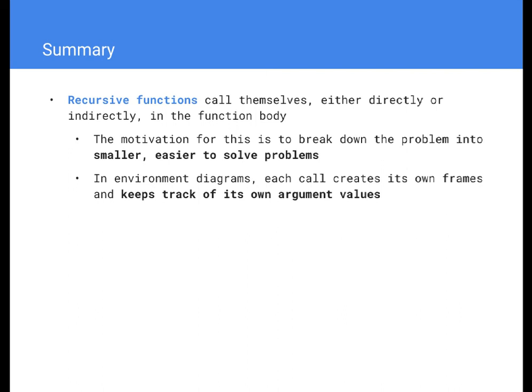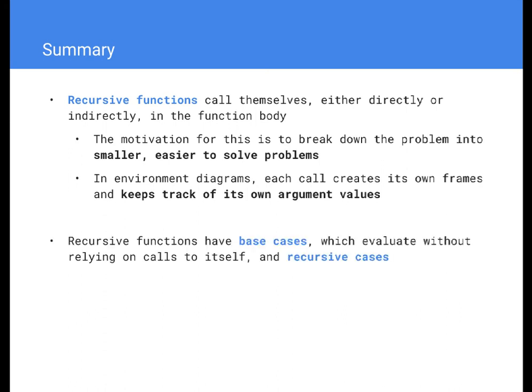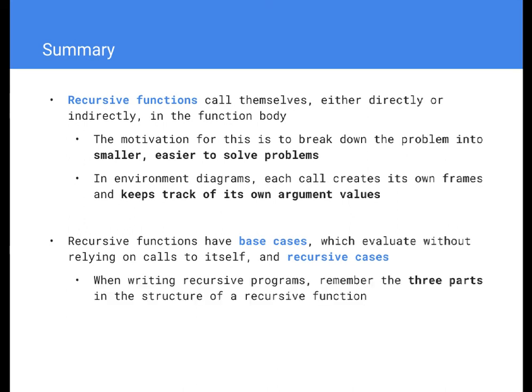Recursive functions have 3 parts we want to think about. They have base cases, which evaluate without relying on calls to itself, and recursive cases, which do. So when writing recursive programs, think about those 3 parts. I need a base case, or more than one base case. I need a way to solve a smaller problem using a recursive call. And I need a way to combine the answer to that smaller problem with some more data to solve my own problem.